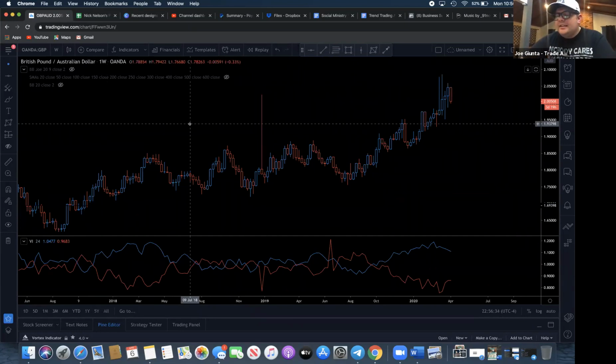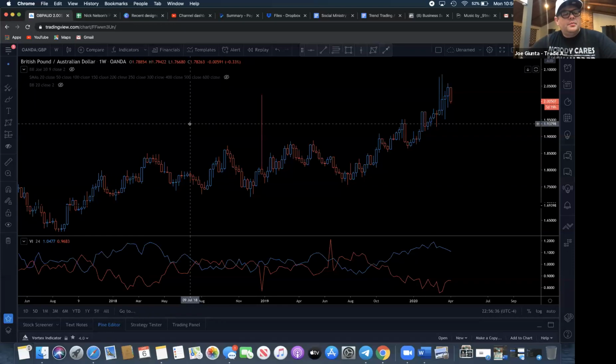The Vortex indicator is, in my opinion, the most powerful volume indicator that there is. And it's actually a fairly new indicator. I think that it is literally the most powerful indicator that there is, period, as far as volume and understanding.